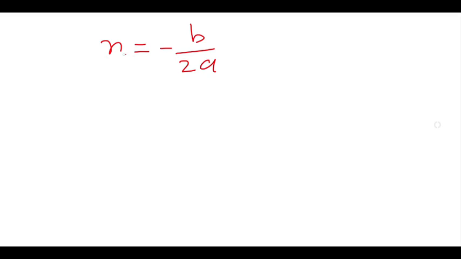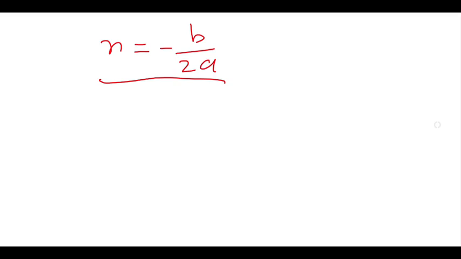In terms of x we use x, but now we're going to use it in terms of n. So this is the axis of symmetry, which we found earlier in question 3.3 when we found the maximum depth.